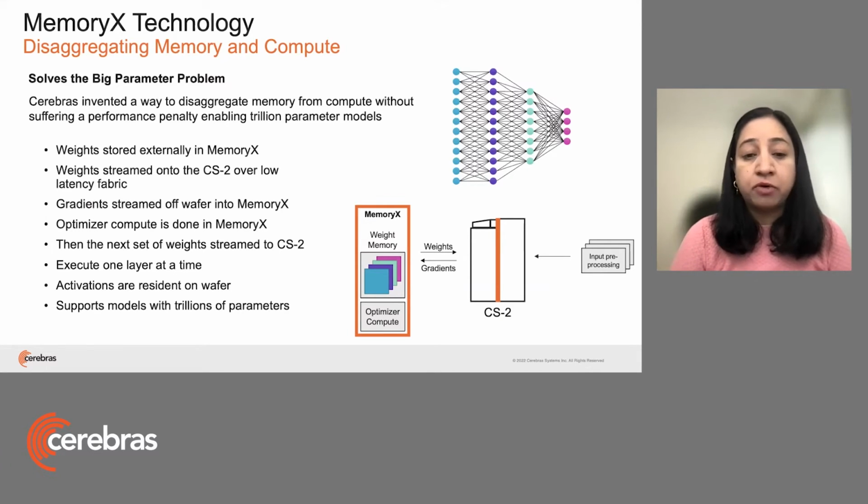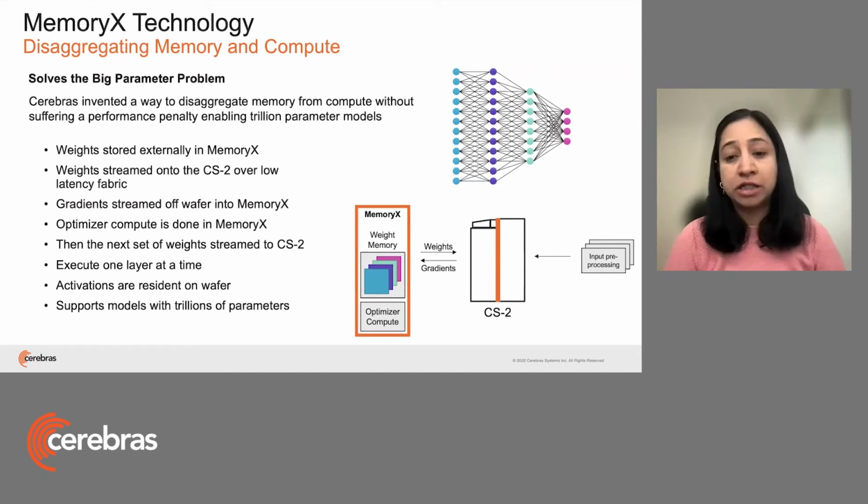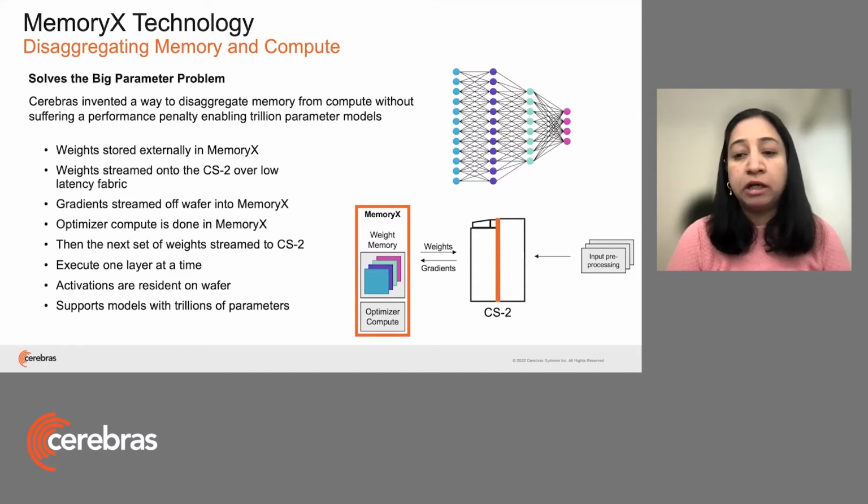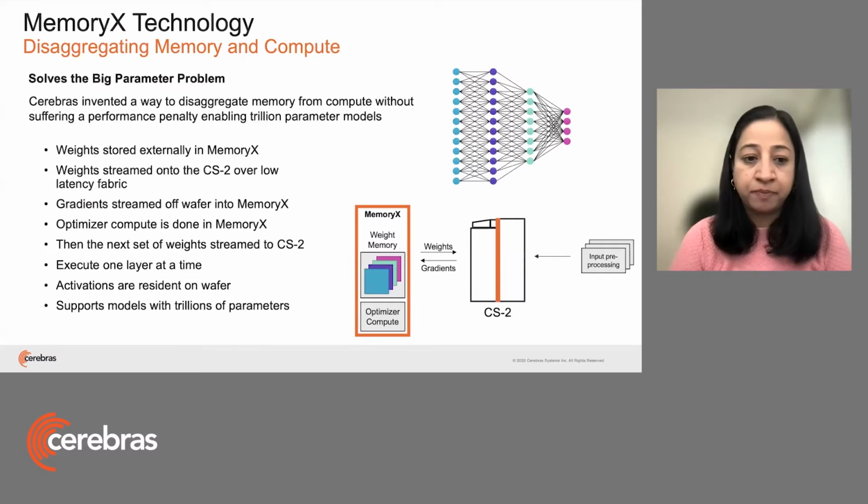So with this approach, while the memory and the compute are being disaggregated, there's also the advantage of being able to run one entire layer completely on our CS2s without having to do any layer sharding.